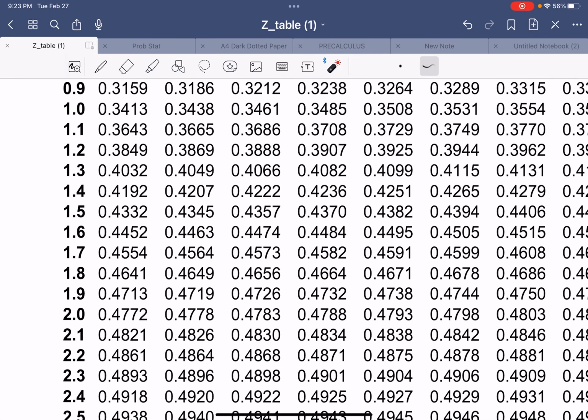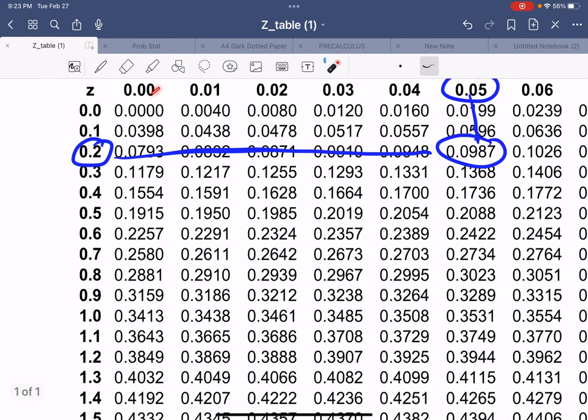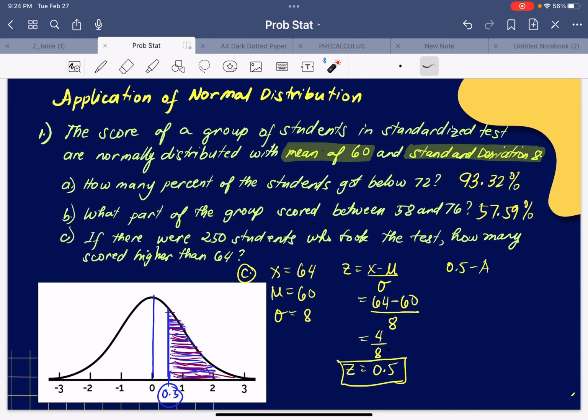So what is the area between 0 and 0.5 under the normal curve? It is 0.1915. Okay, so let's solve. 0.5 minus 0.1915.